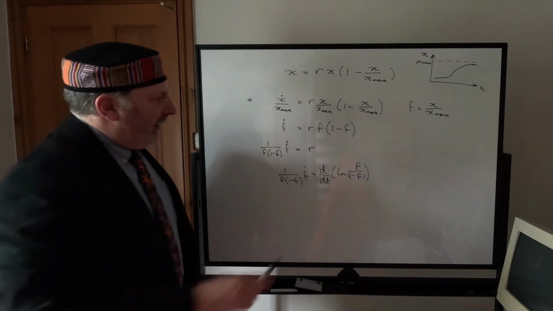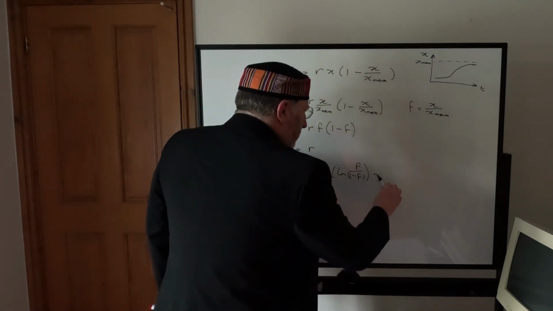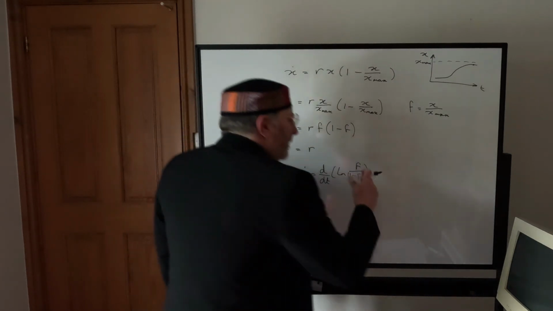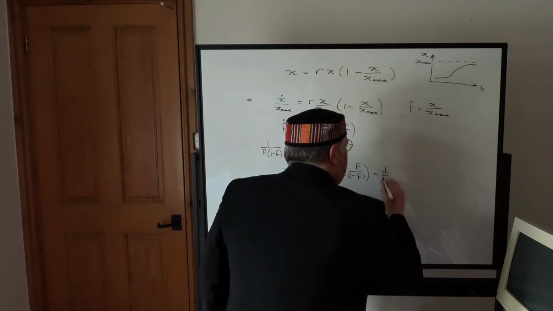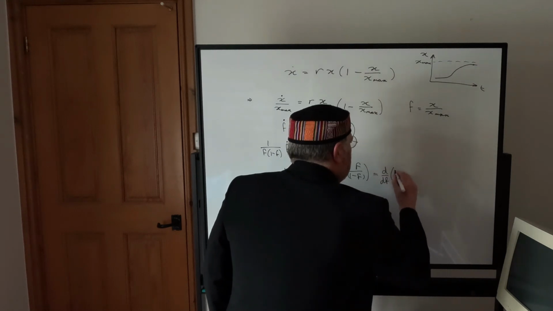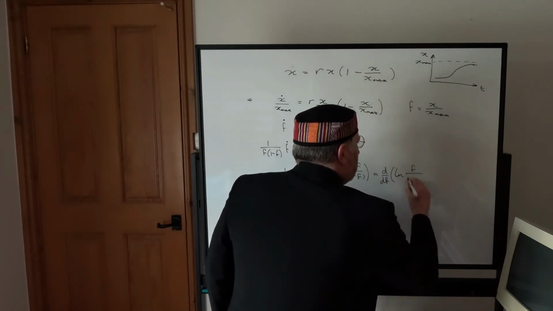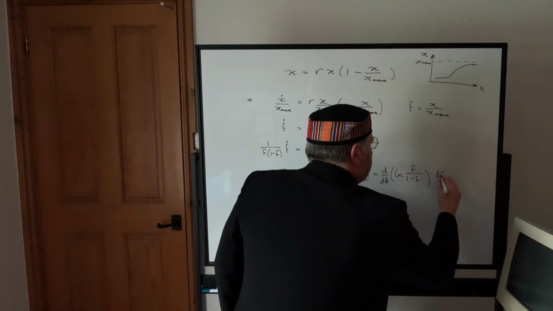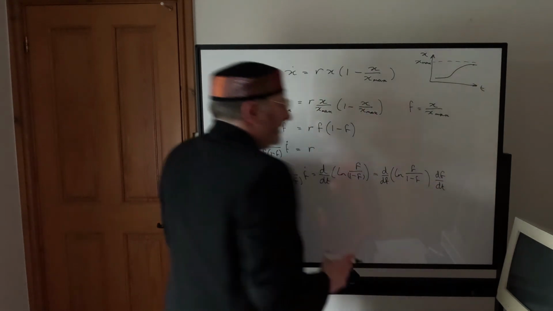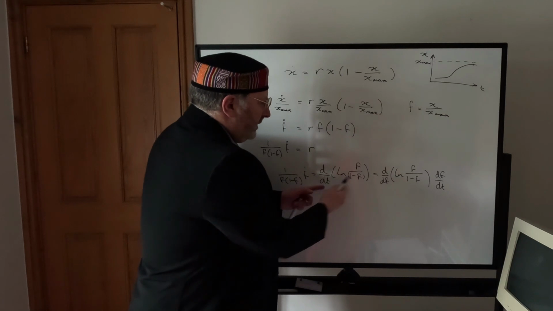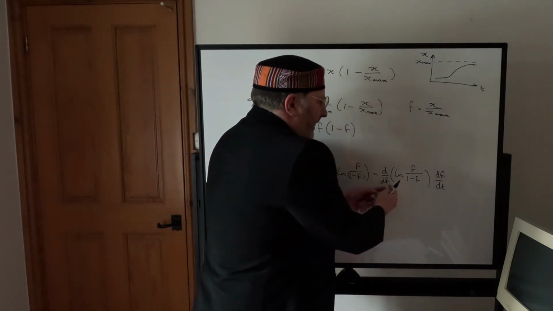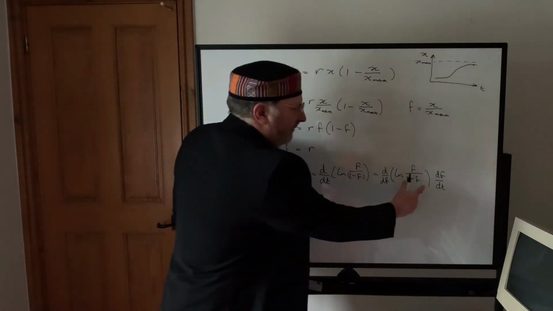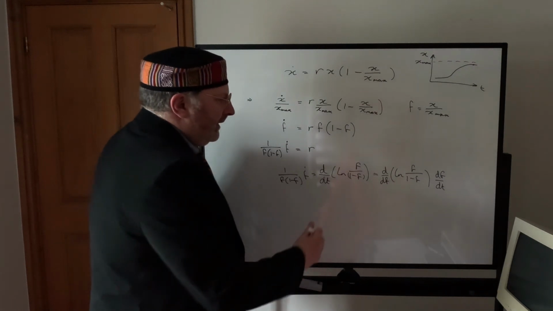Well, we can see that by using our chain rule. To differentiate that with respect to time, firstly we differentiate it with respect to f, and then we multiply by df by dt. That's the chain rule. So d by dt is d by df times df by dt, and the df's cancel.